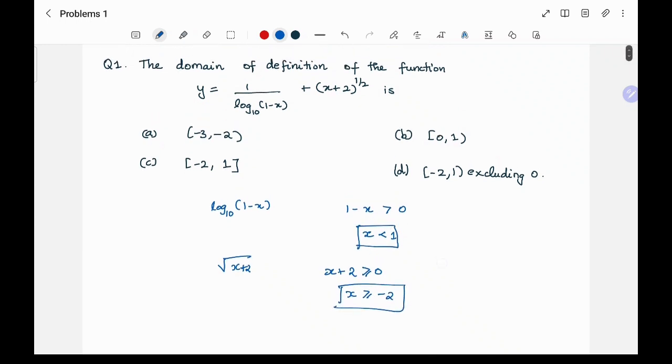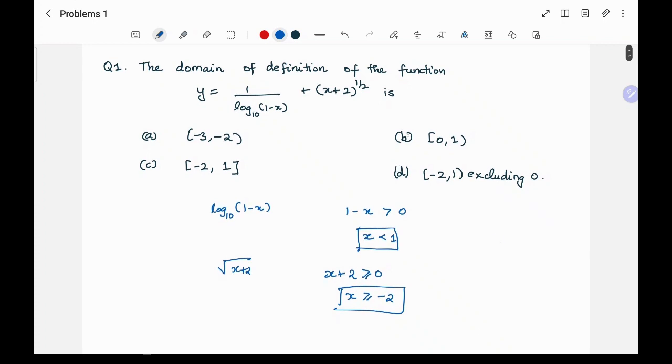But something else we also need to consider. This entire term itself should not vanish, right? So y itself should be less than infinity. It cannot be equal to minus infinity or infinity, right?